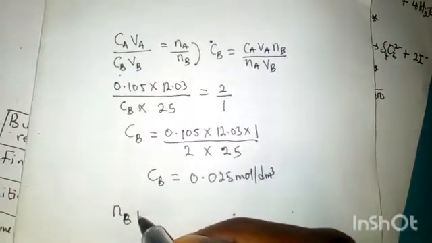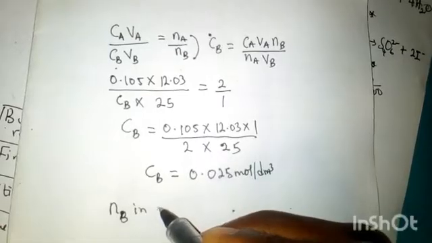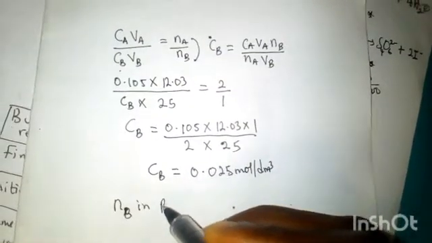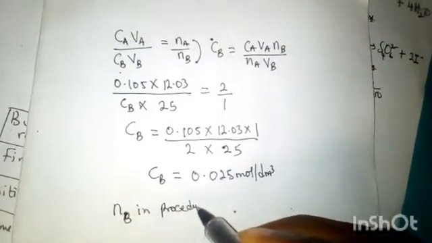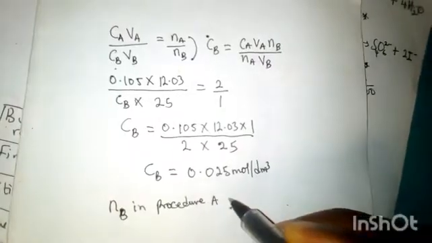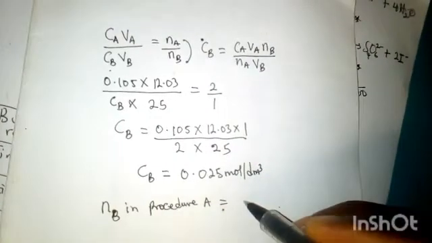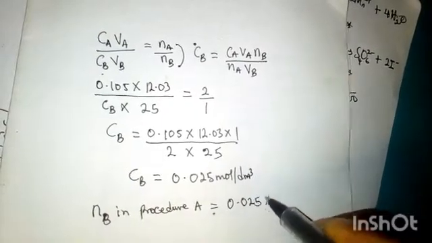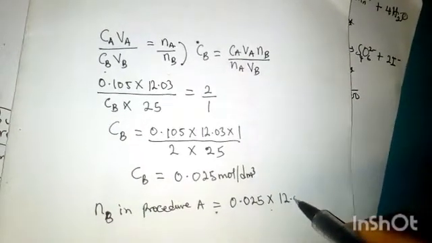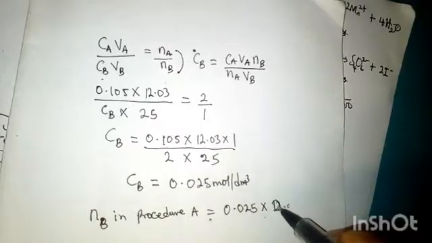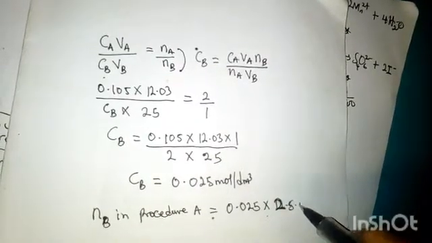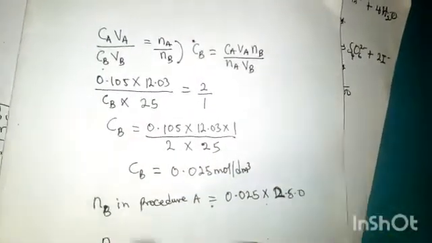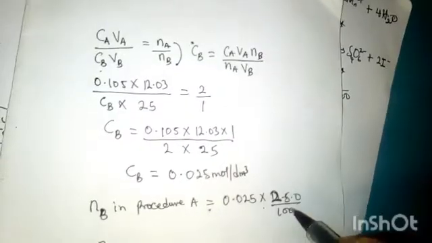So the number of moles of B in procedure A is going to be the concentration 0.025 times the volume, 25.0, and then you have to divide that by 1000.